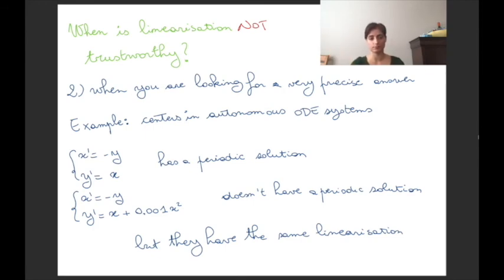One case in which this linearization is often wrong, not always, but often, is when we retrieve centers. We retrieve centers when the eigenvalues of the constant coefficient matrix associated to the linearization of the ODE system are purely imaginary.